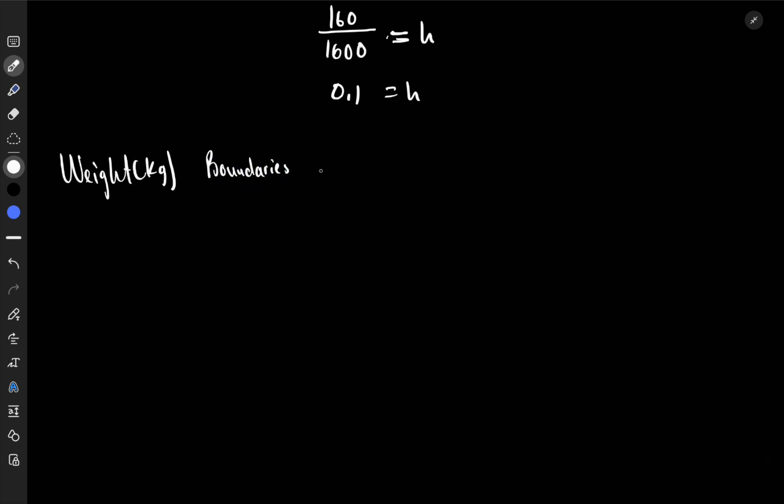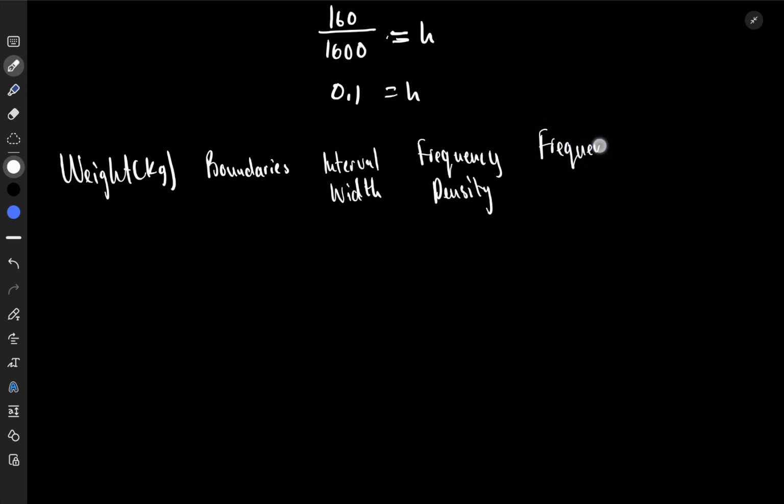After putting the boundaries, we can find the width. This is the interval width, by the way. After we find the interval width, we can get the frequency density. After frequency density, we can now get the frequency.